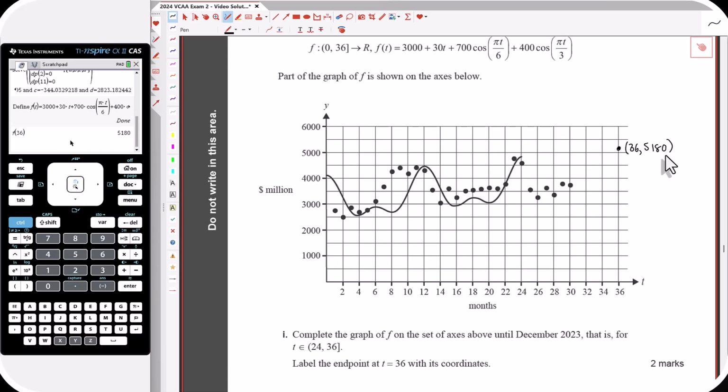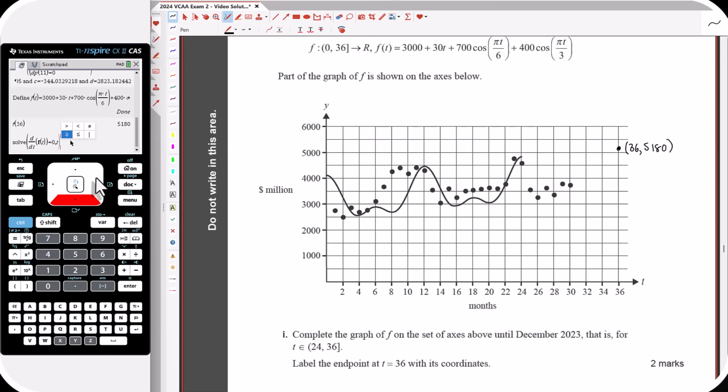All right, now let's plot out a couple of other points. So we might think about the turning points. Just make sure they end up in the right place. So we solve the derivative equals zero for t, but in the domain from 24 to 36.